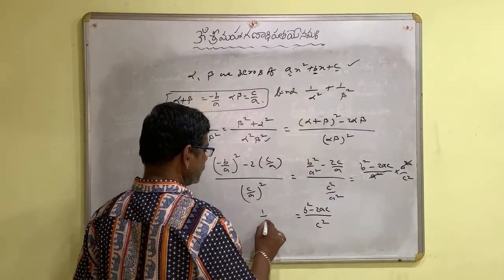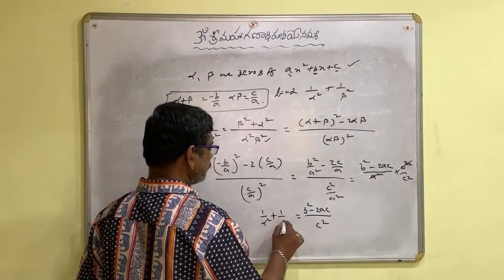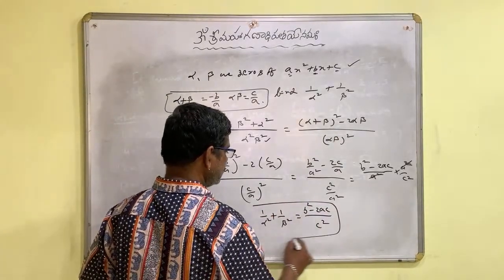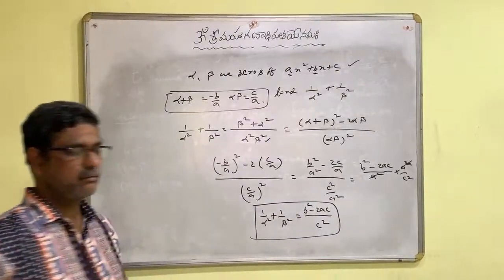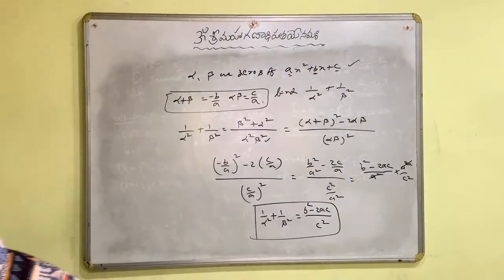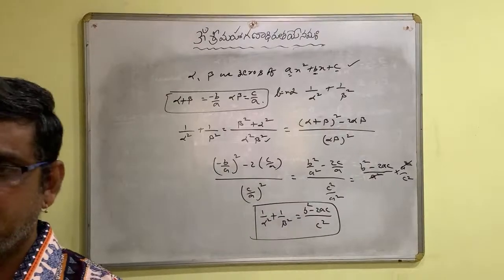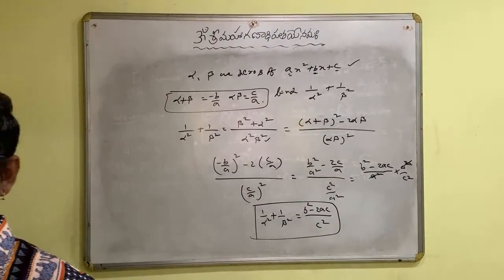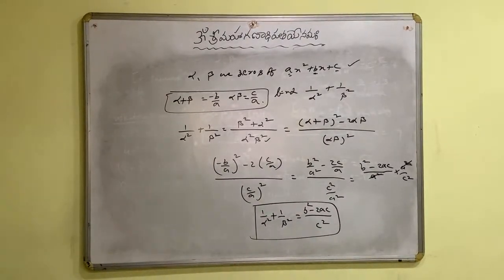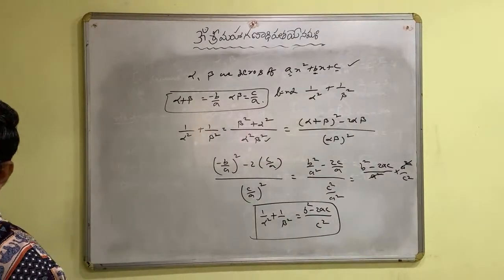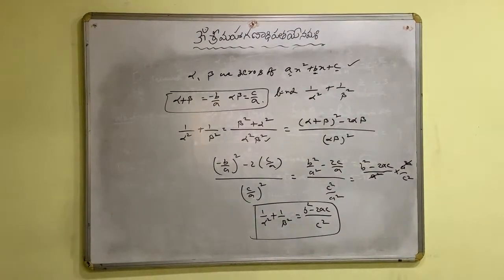So 1 by alpha square plus 1 by beta square is nothing but b square minus 2ac by c square. Okay?